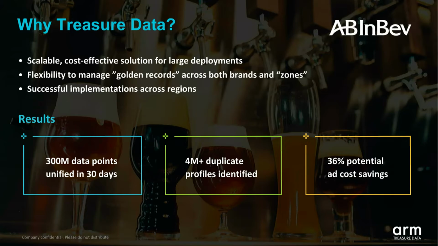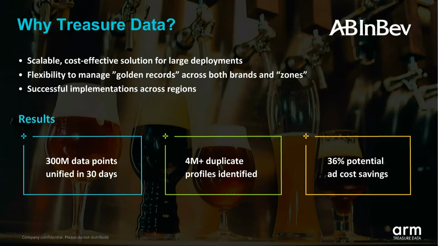With their first implementation, when they first got the system, we're implementing to the use case that they had defined. We took a lot of different websites that they had in Latin America across different brands, took that data, about 300 million data points, and unified it over 30 days. It took us about 30 days to do that, just on the initial go. There was definitely more work to do after that.